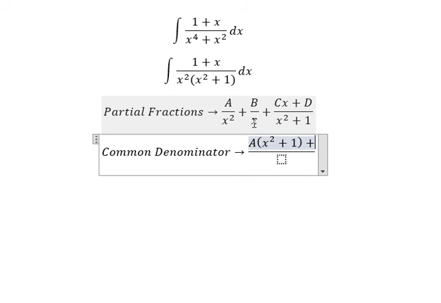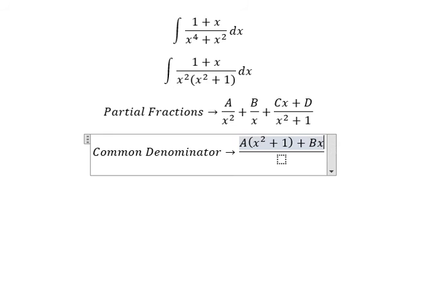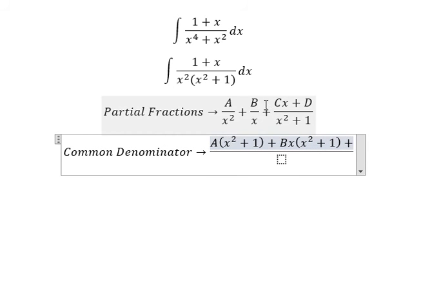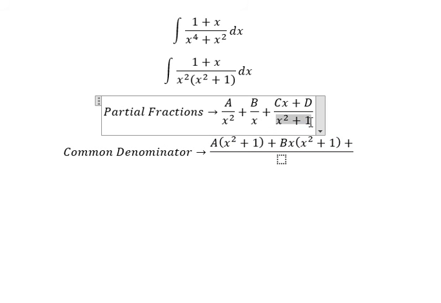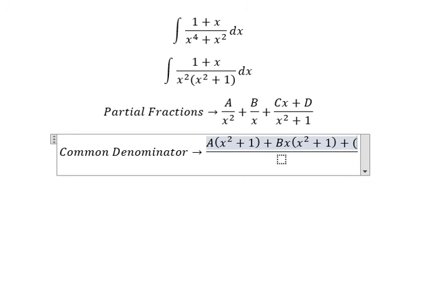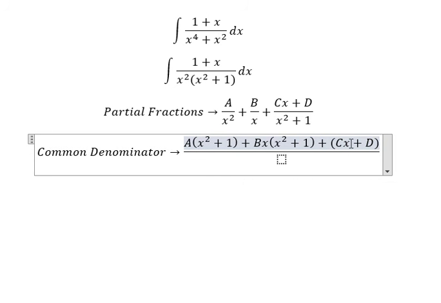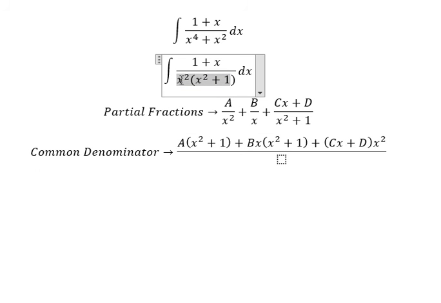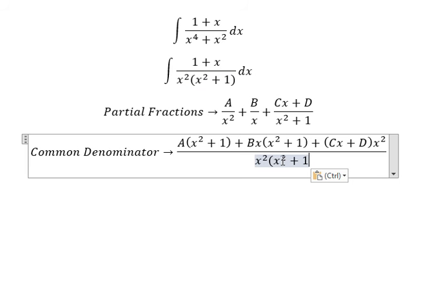About B, we have only s, so B should be multiplied by s and s squared plus 1. The next one, we have s squared plus 1, and we need to multiply s squared for this one in here. And now we put this one in here.